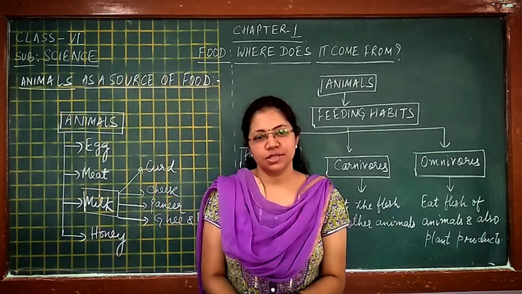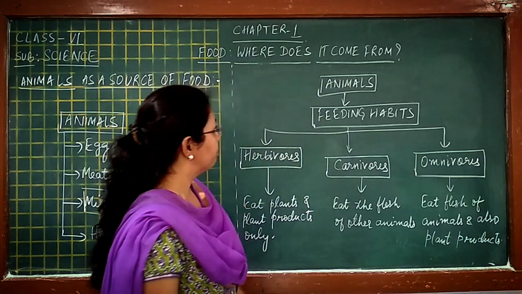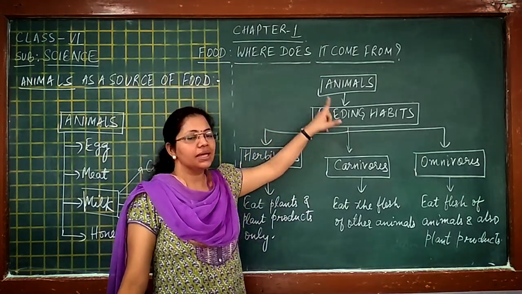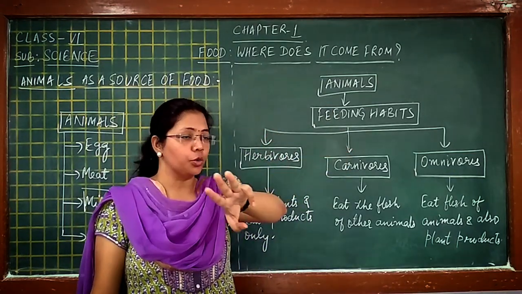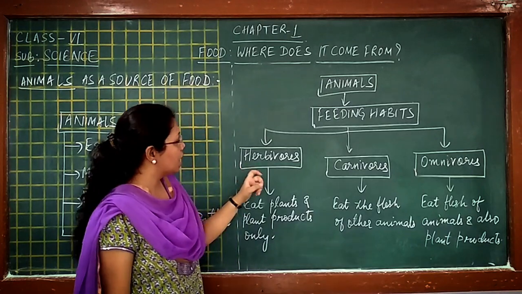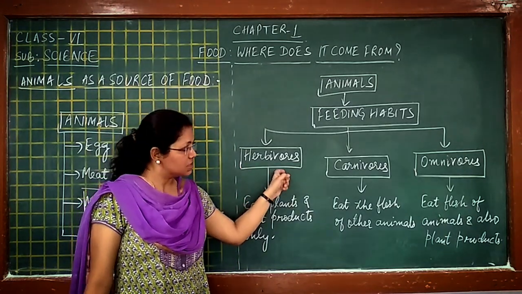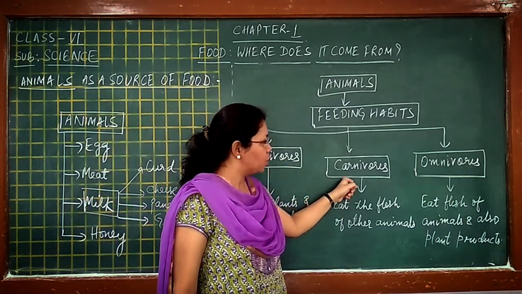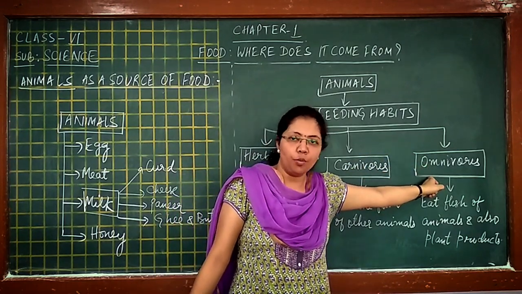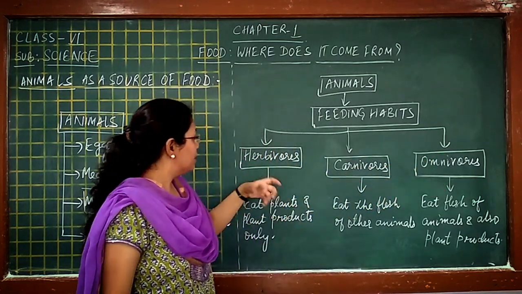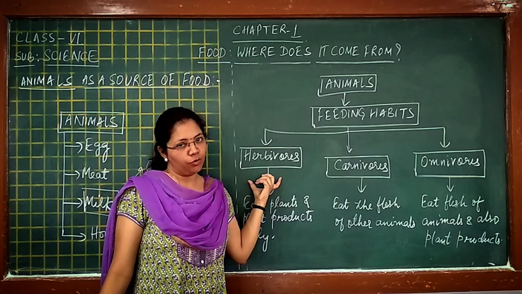So students, based upon the feeding habits, animals can be divided into 3 groups. And these 3 groups are, first one is herbivores, second one is carnivores, and third one is omnivores. Now, let's first see what herbivores are.